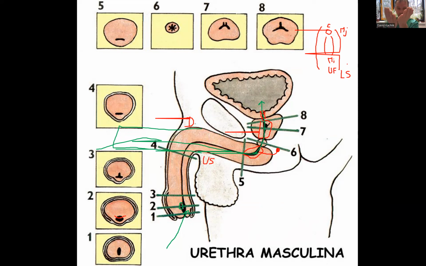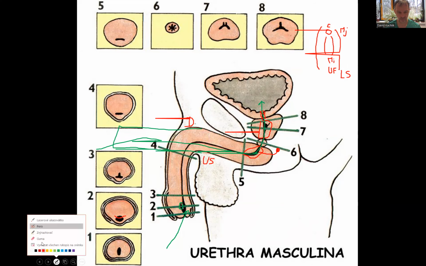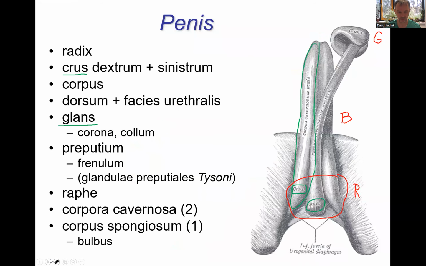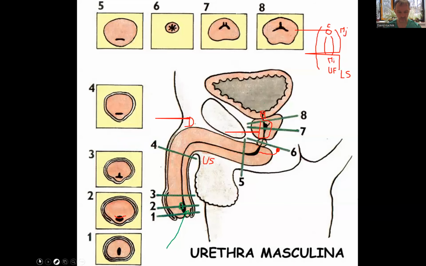They grow together. If they do not grow together well, then the urethra can open pathologically to the urethral surface, like this.